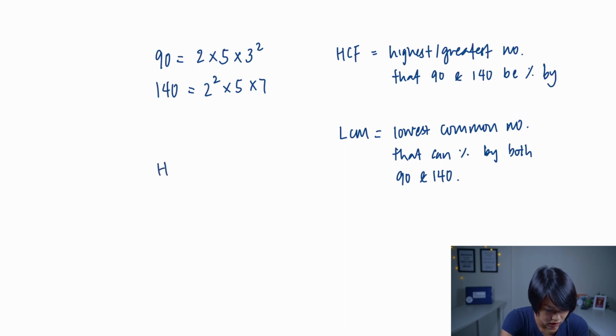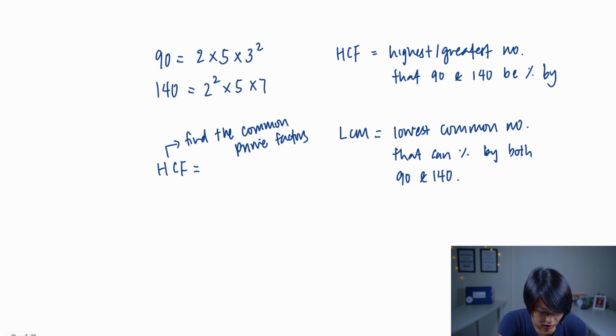We will first find the HCF. To find HCF, all you need to do is find the common prime factors of both numbers.